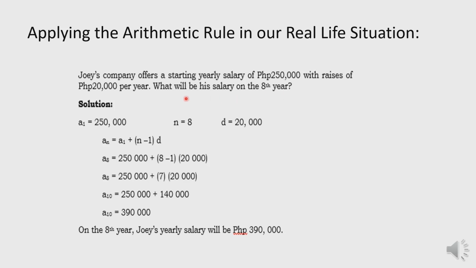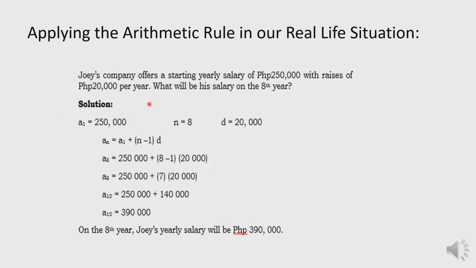Let me repeat it so you understand well. Joey's company offers a starting yearly salary of 250,000 pesos with raises of 20,000 pesos per year. What will be his salary on the 8th year?